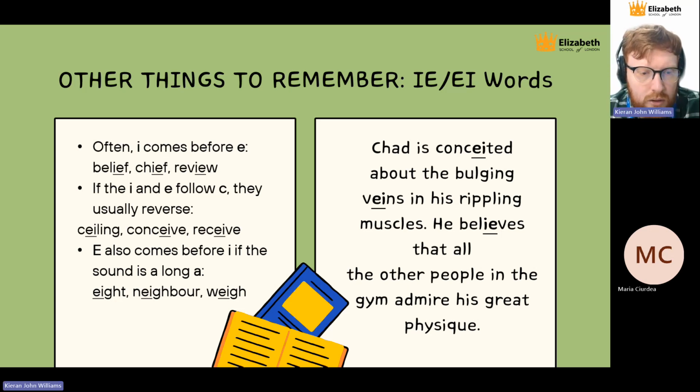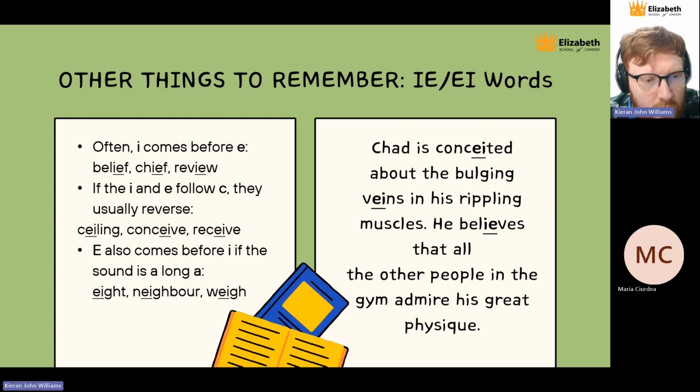So if we look at these examples over here on the right, we can see that it is: Chad is conceited about the bulging veins in his rippling muscles. He believes that all the other people in the gym admire his great physique. So if we look here, it is EI because it comes after a C. So this fits this second rule that we have here.